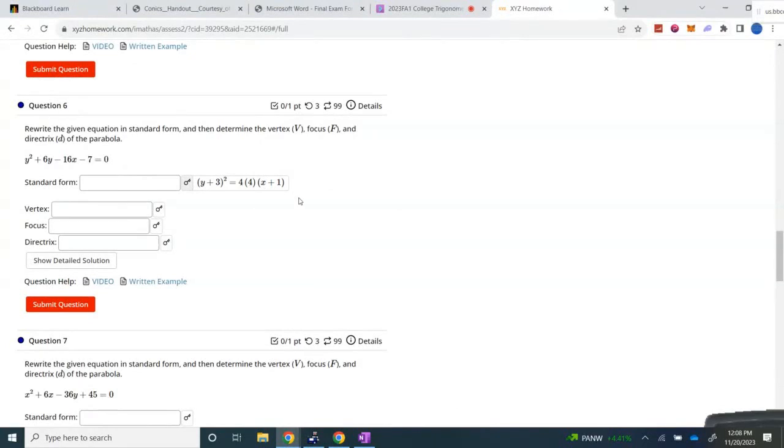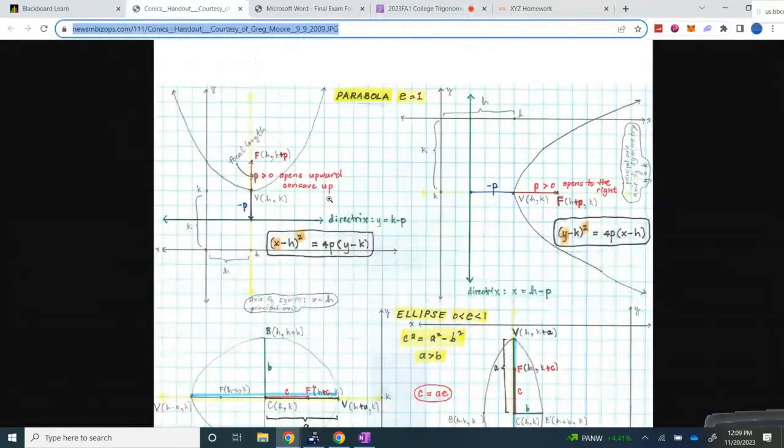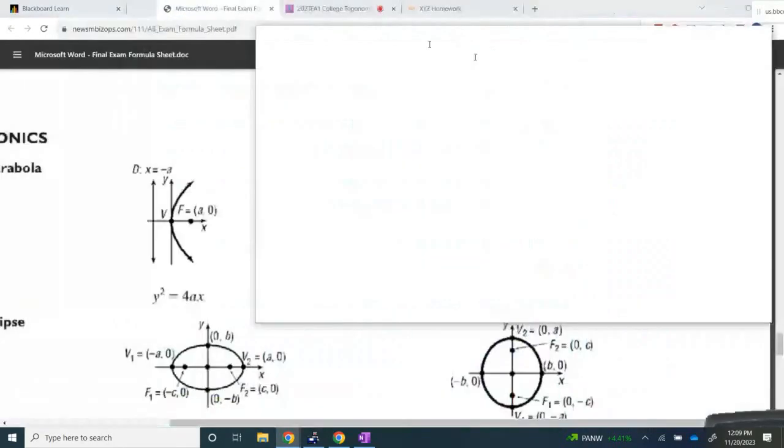To find the vertex, the focus, and the directrix, since this is not at the origin, we're going to use the formula sheet that I passed out to you. Which is this one.